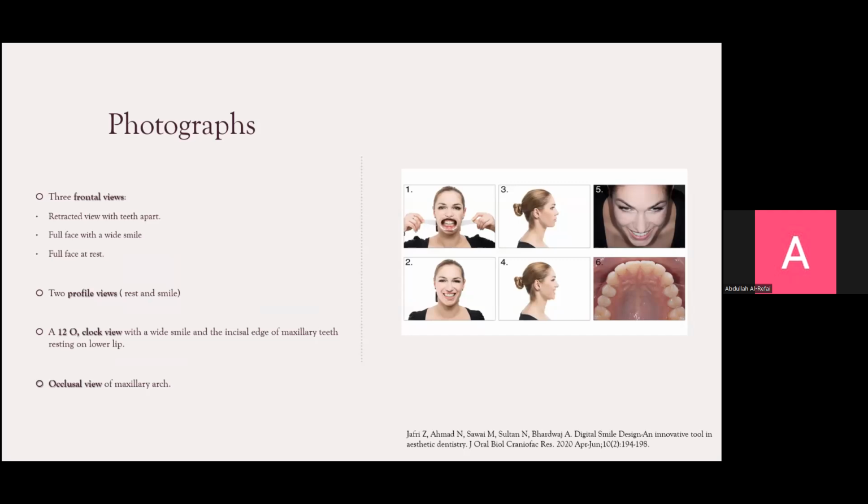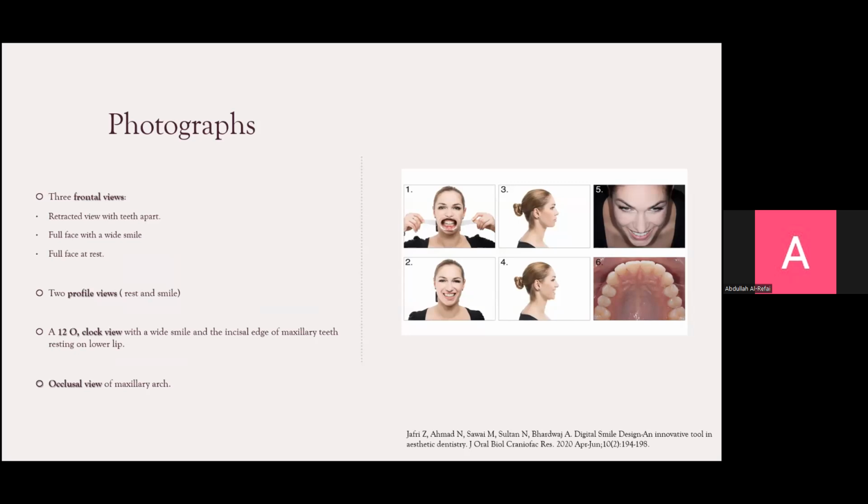The following photographic views are necessary. First of all, we need 3 frontal views: a retracted view with teeth apart, as we see here on the right side; a full face with a wide smile and teeth apart; and a full face at rest photo. Also, we need 2 profile views, both at rest and at smile.